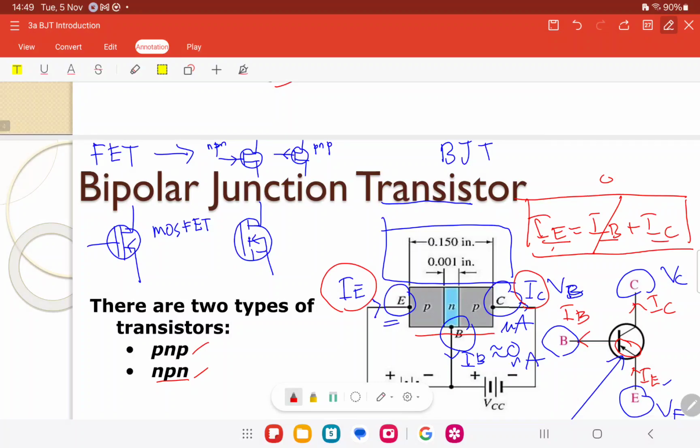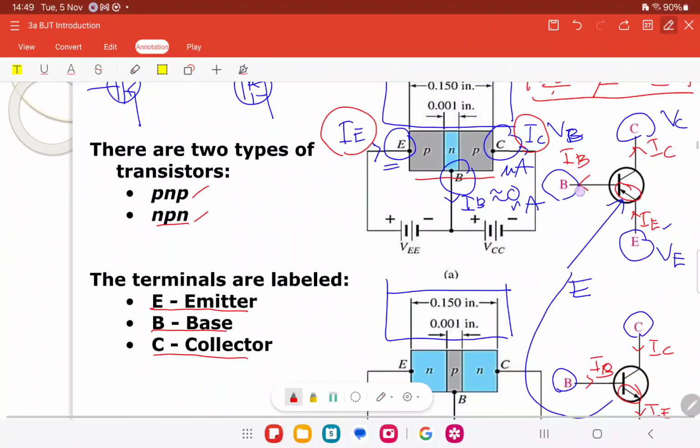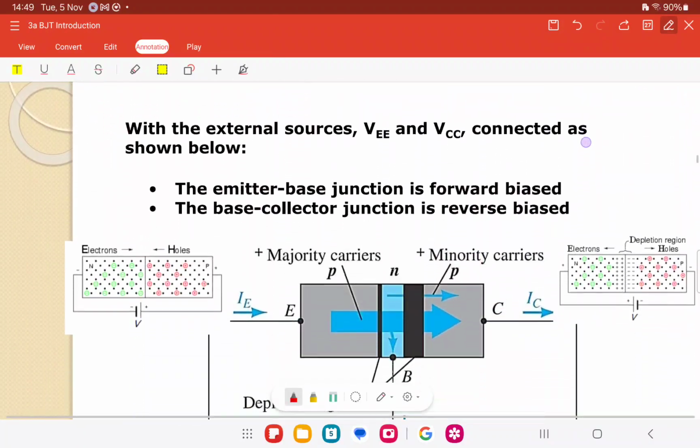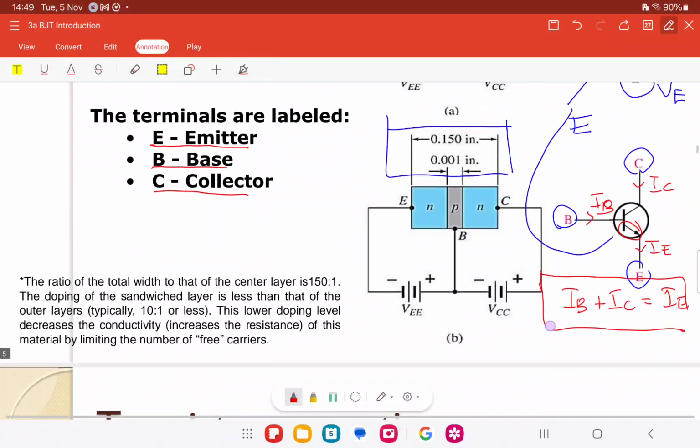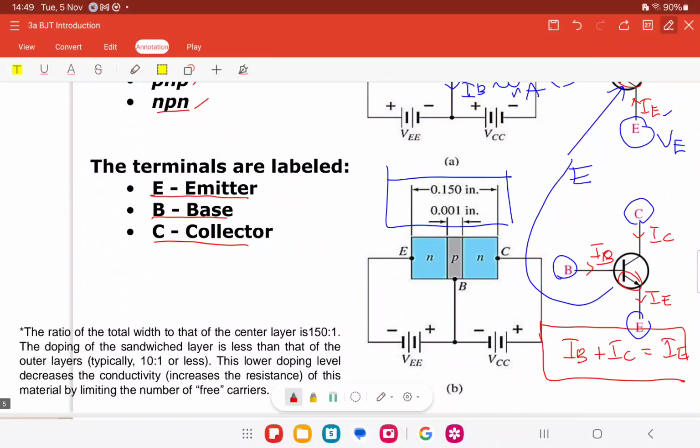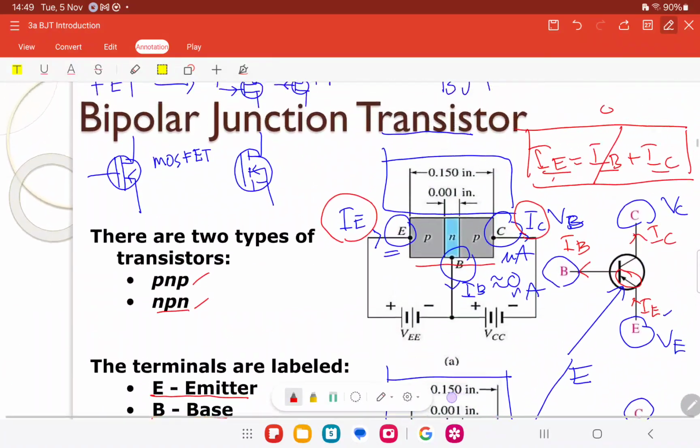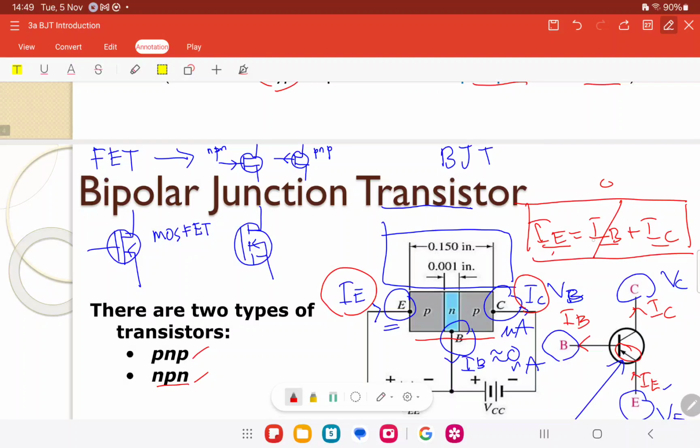Nantilah sekejap lagi kita tengok balik on the relationship. Sebab kita boleh katakan IB in some situations dia boleh approximate to 0. So kita boleh katakan IE approximately equals IC.